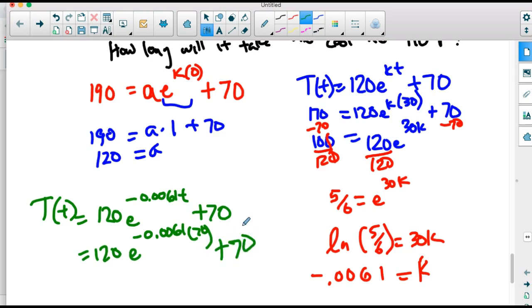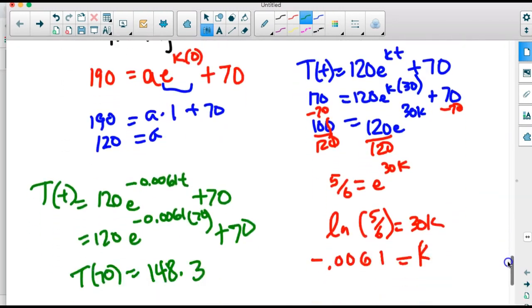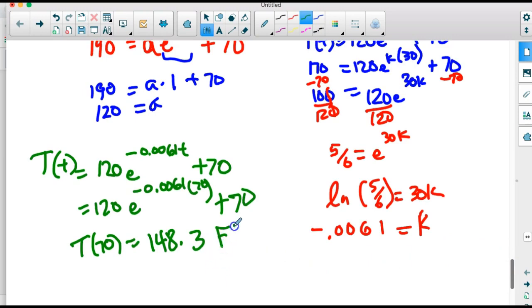So I get t sub 70 as being 148.3. So that's telling us after 70 minutes the temperature will be 148 degrees Fahrenheit.